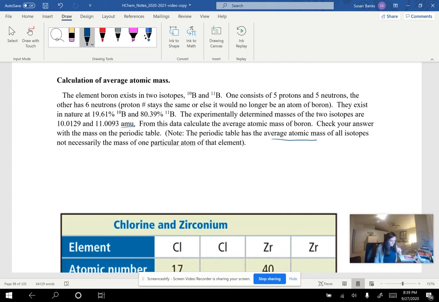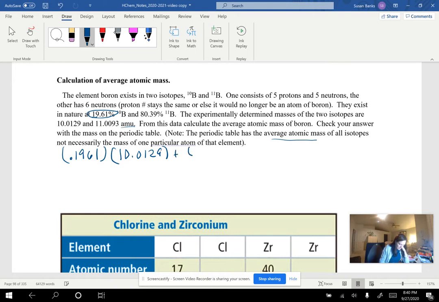Okay, so we've got boron 10, which is at 19.61%. So we're going to make this a decimal, 0.1961, and we're going to multiply it by the mass of the boron 10, which is 10.0129.